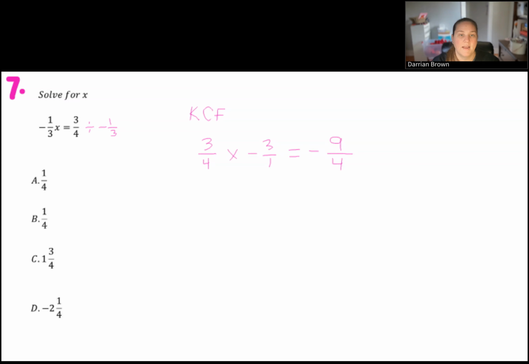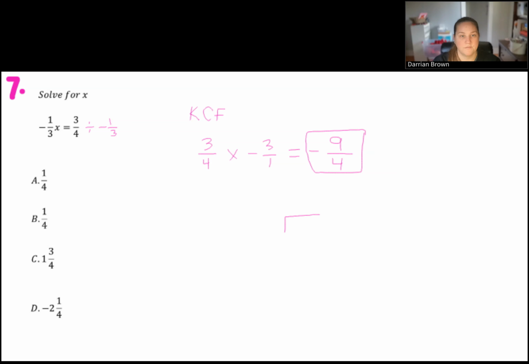Okay. Now, do you guys see an answer choice that is negative 9/4? Is that one of your answer choices? No. So what can we do to change that to a mixed number?